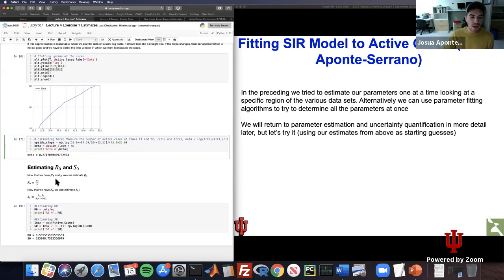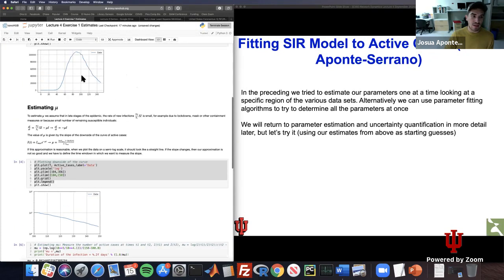But now, once we have mu and n times gamma, we can estimate R naught, and R naught is gonna be beta over mu, or n times gamma over mu. And then once we have R naught, we can estimate S naught by also calculating the maximum of infected cases, which is around here, right?